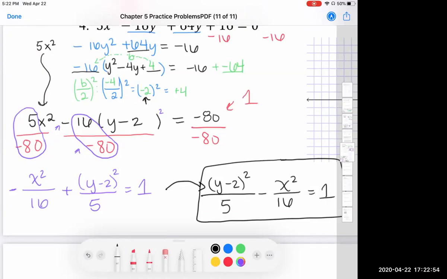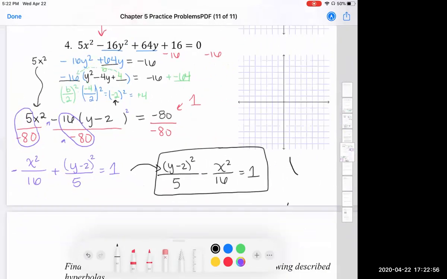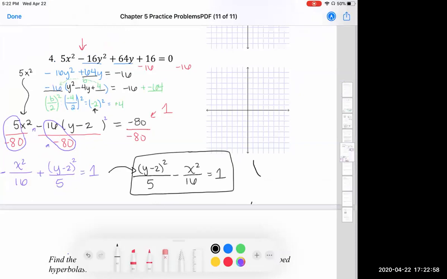Okay, let's go ahead and graph this. So some key points, we have to label our center of our little box. So we have a center, and that's h comma k. So we have 0 and positive 2. And then we're going to move up and down according to our y, and our x tells us how far to move left and right.